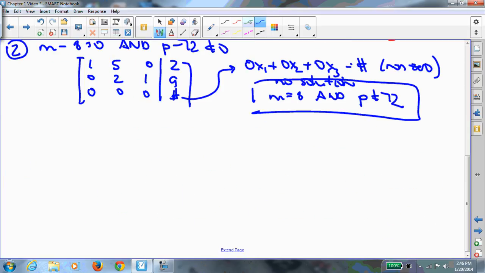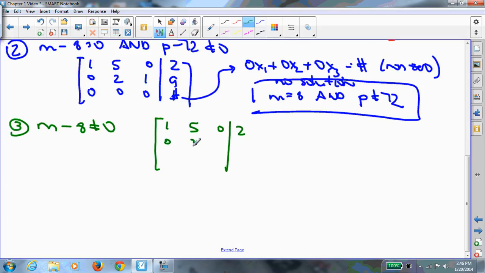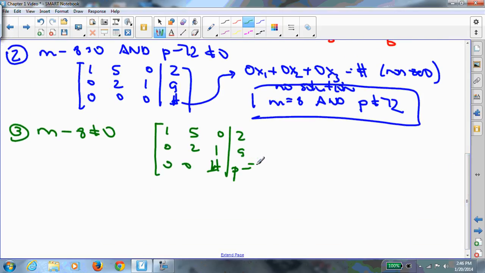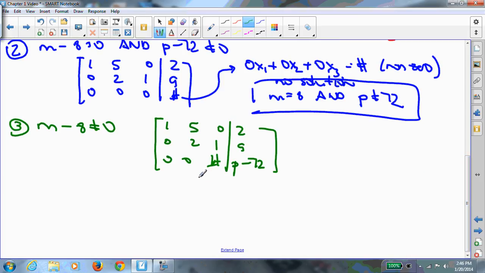Now let's take a look at our last possibility, which would be m minus 8 is not equal to 0. So again, the upper triangular form would be 1, 5, 0, 2, 0, 2, 1, 9, 0, 0, some number, and then over here p minus 72. But let's call this number k and solve.